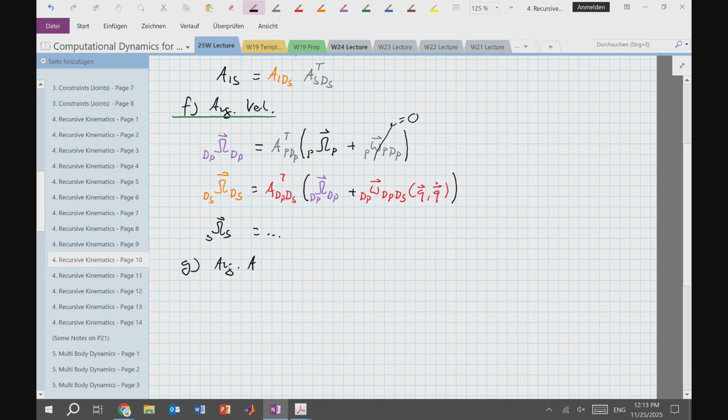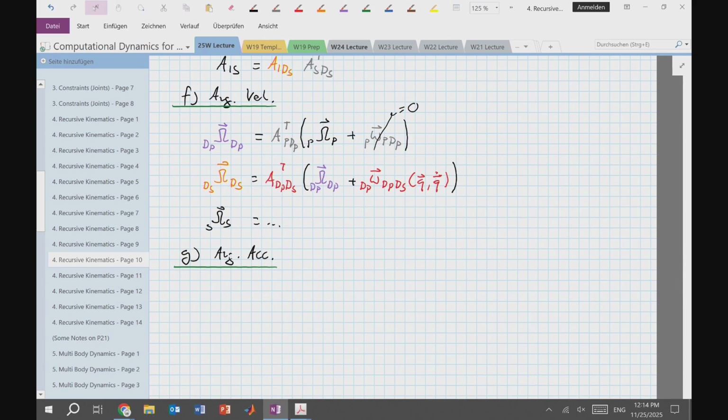Angular accelerations. So I want to have this angular acceleration of the dp system, which will be given by the angular acceleration of the p system plus, well, the angular relative acceleration.